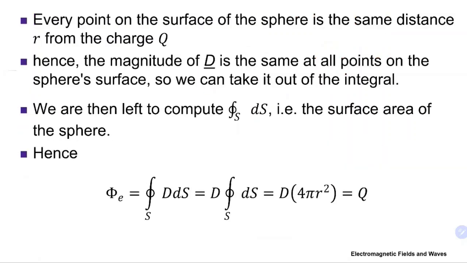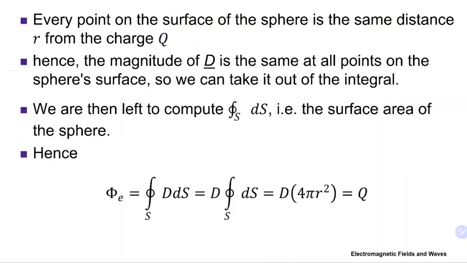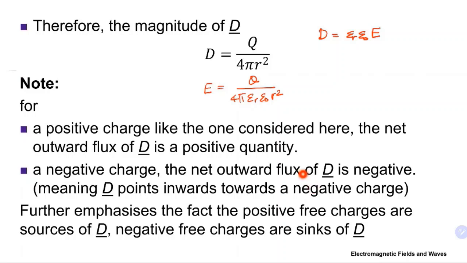So whether these materials are polarized or not, it has no effect in this equation because D only depends on this charge Q. And if it's polarized, then we can apply this relationship and work out the electric field by putting back the epsilon R value of the dielectric materials.